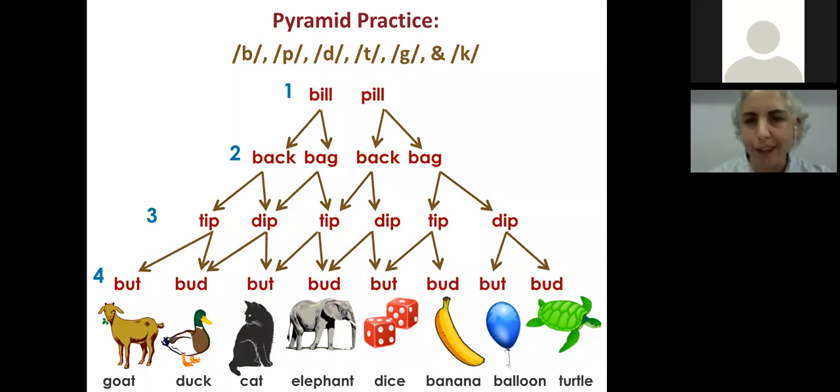Okay, so all together, line one, we have bill, back, dip, butt. Answers are coming in. We've got cat.